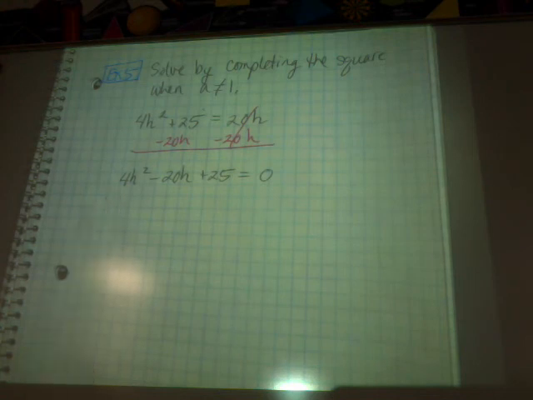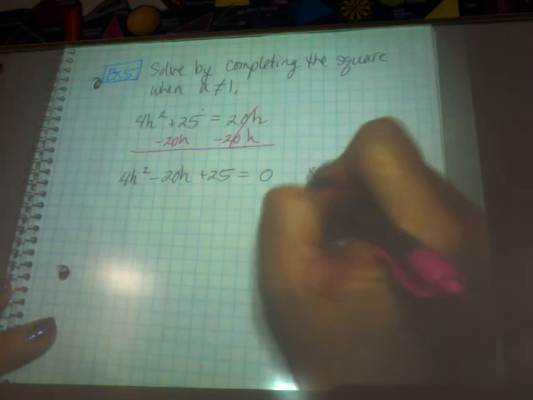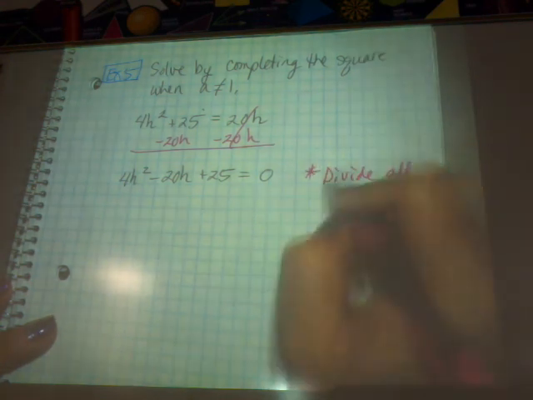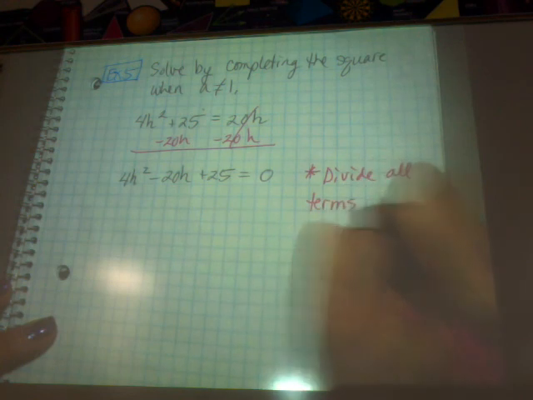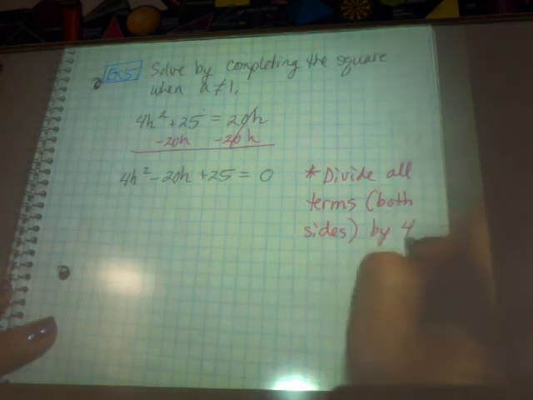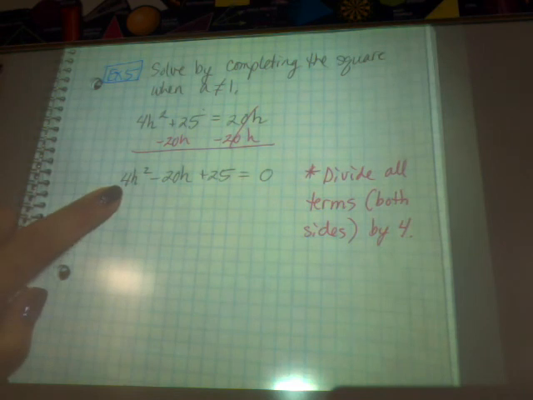All right, so having said that, you're going to take care of this 4 by dividing all terms, which essentially means both sides, by 4, because I want to get rid of that coefficient that's in front of my square term.